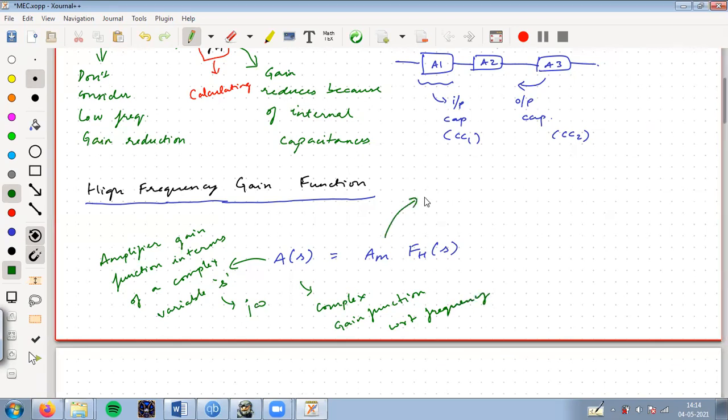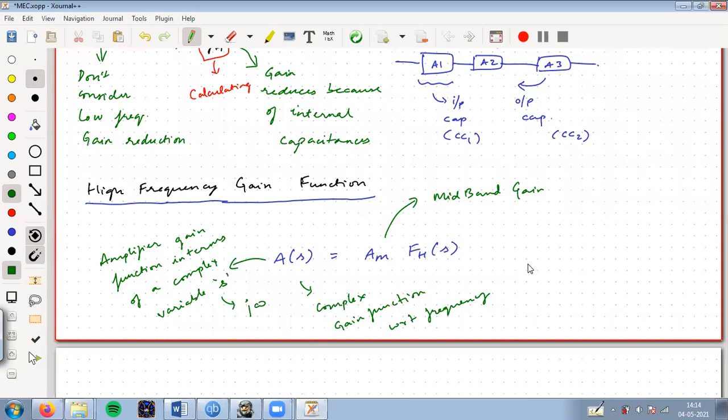AM here is the mid-band gain. Mid-band gain means you assume all your capacitances to be short circuited. I'm not talking about internal capacitances, I'm talking about external capacitances, the coupling capacitances.